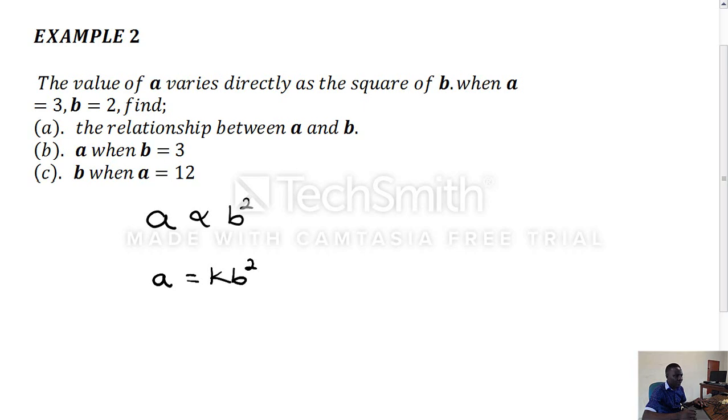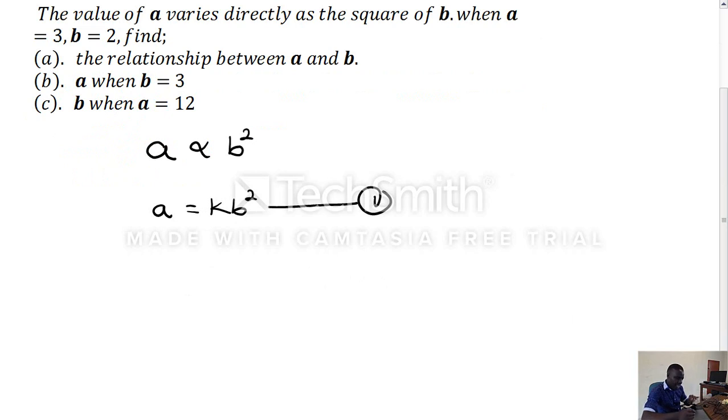We are asked to find the relationship between a and b. We have it here, but we can't leave k, which is a constant, to be k. We have to find the numeric value of k. So I'm going to make k the subject of the formula, and thereafter subsequently resubstitute it back into this equation.